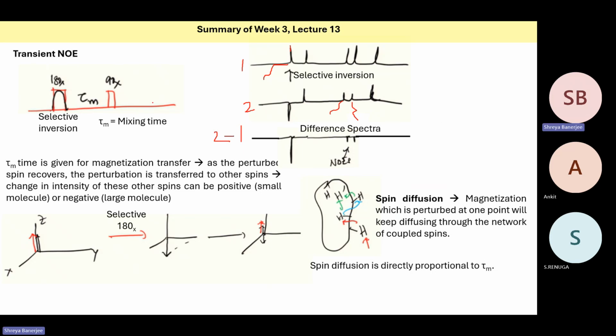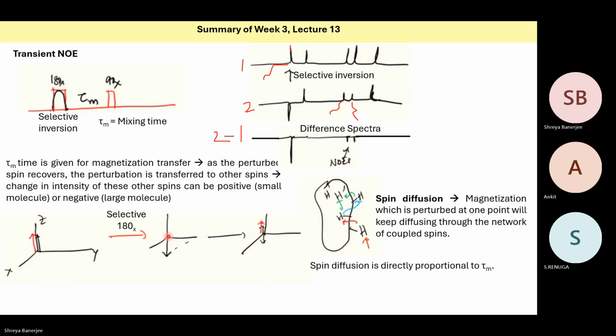Now, if you understand this with respect to the pulse, suppose you have two spins, you are giving a selective 180x to the black spin. So the black spin moves to the minus z axis, and the red spin remains along the z axis because you're not doing anything.